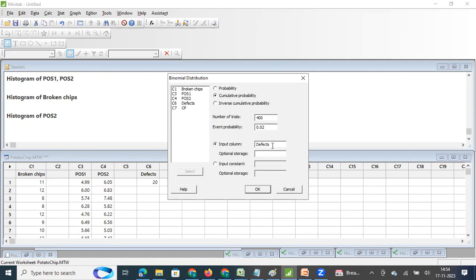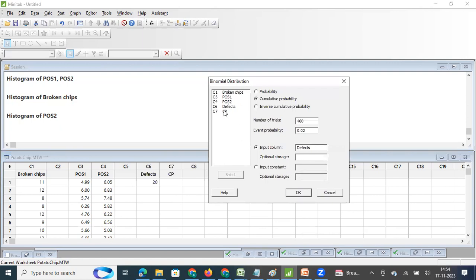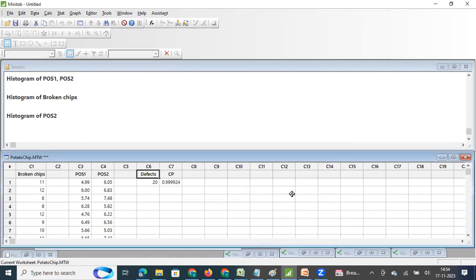I can even enter 20 directly here, but I have taken it from the data which I have saved in column C6. Now I can give an optional storage. I'm going to give optional storage as my C7. That is where I want the cumulative probability to be calculated and represented. Now I say okay, and here if you see, you will get the cumulative probability.